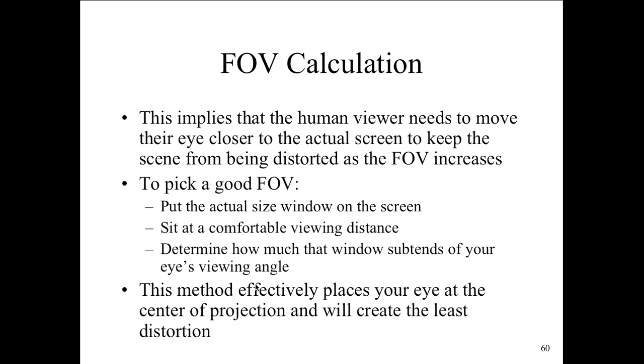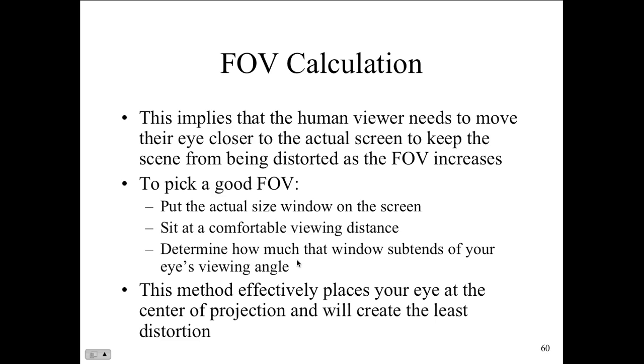It's the distance phenomenon of the frustum and what's in the viewable plane. So you pick a good field of view to put the actual size window on the screen. So you have a good starting point that's comfortable for viewing, for visibility, and you set a comfortable viewing distance. So basically, how far away are you standing from it? So that's going to be your FOV.